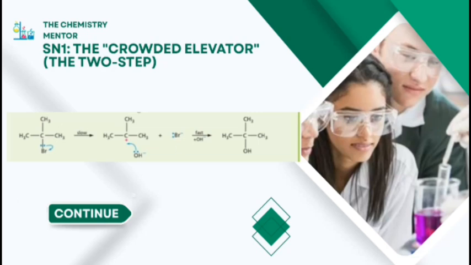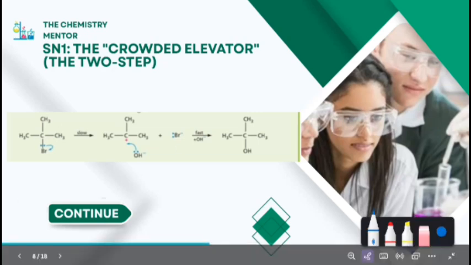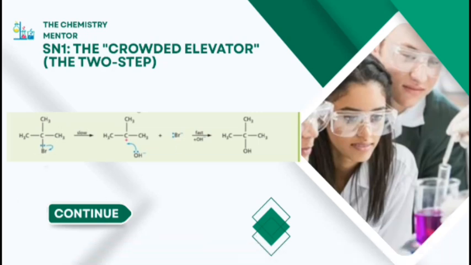Let's discuss its first step. The leaving group, any halide like bromide in a tertiary bromide, leaves first. The carbon becomes a carbocation, as you can see here, an empty spot in our crowded elevator.